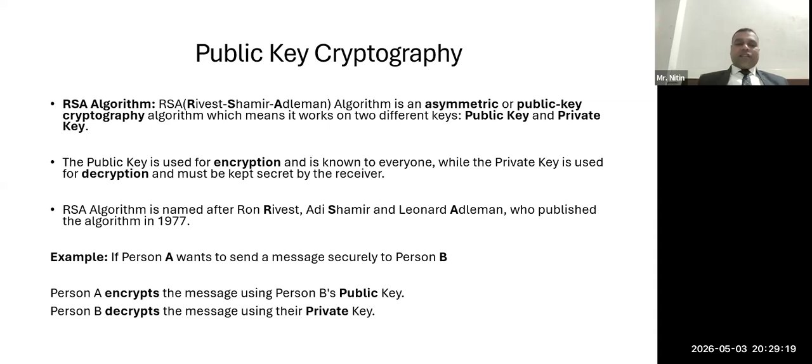The RSA algorithm is named after these three persons, Rivest, Adi Shamir and Leonard Adleman, who published the algorithm in 1977. They are the three persons who invented and published this algorithm.